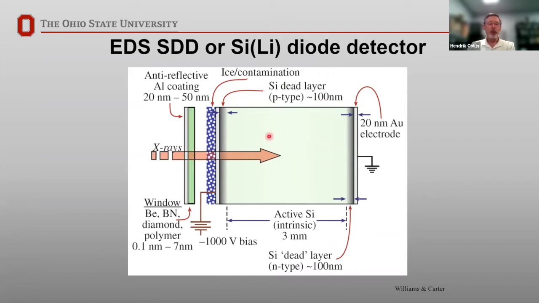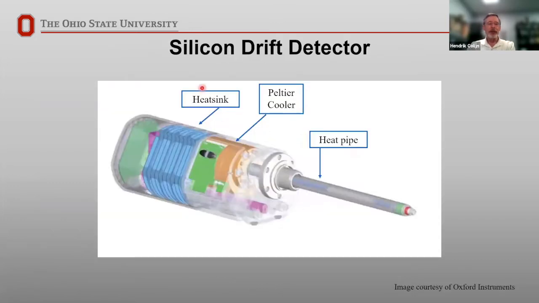And then when you get the hole pairs created, then you get a little pulse of current coming out. So the SDDs, the silicon drift detectors, don't look nearly as impressive on your column. You have a much smaller unit, and then all you have is a Peltier cooler. So instead of keeping the detector at liquid nitrogen temperatures, they're usually held somewhere around -30 to -50 degrees C.